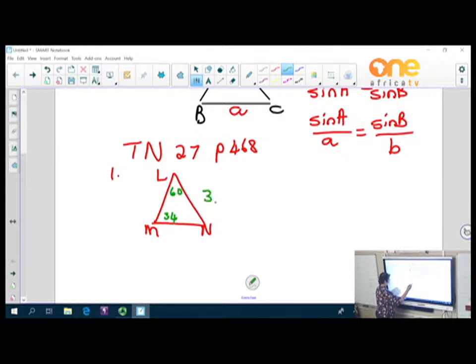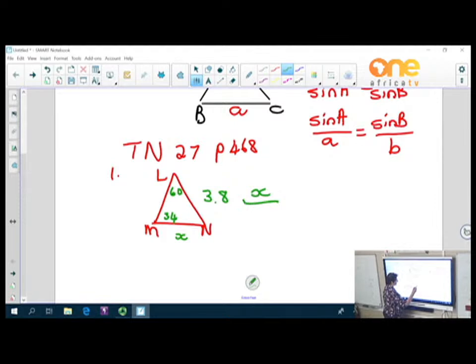LN is 3.8 centimeters, and this is what we need to calculate, MN. So if you look here, you can see I've got a side and an angle, or opposite side and an angle, and the same thing here, the opposite side and the angle. And that's when we're going to use that sine rule. So I'm going to put the one that I want to calculate in the left-hand top.